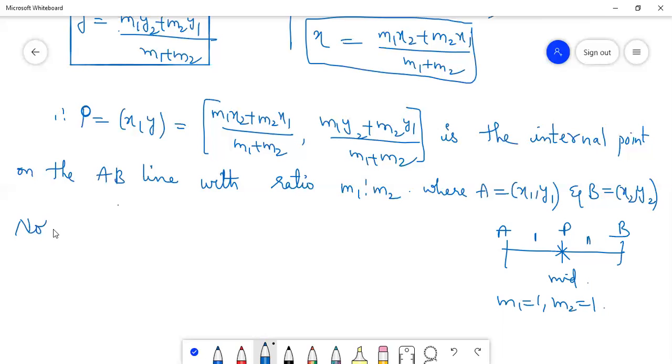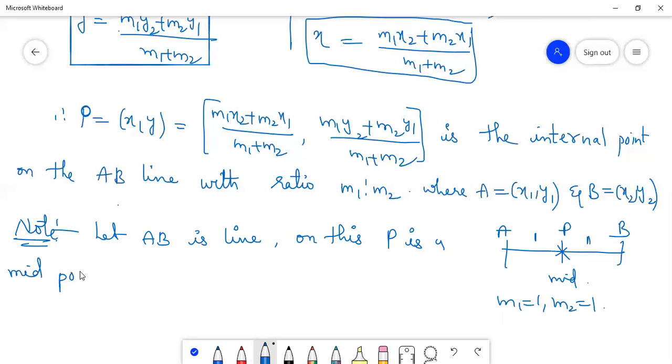Note, let AB be a line and P be the midpoint of AB.